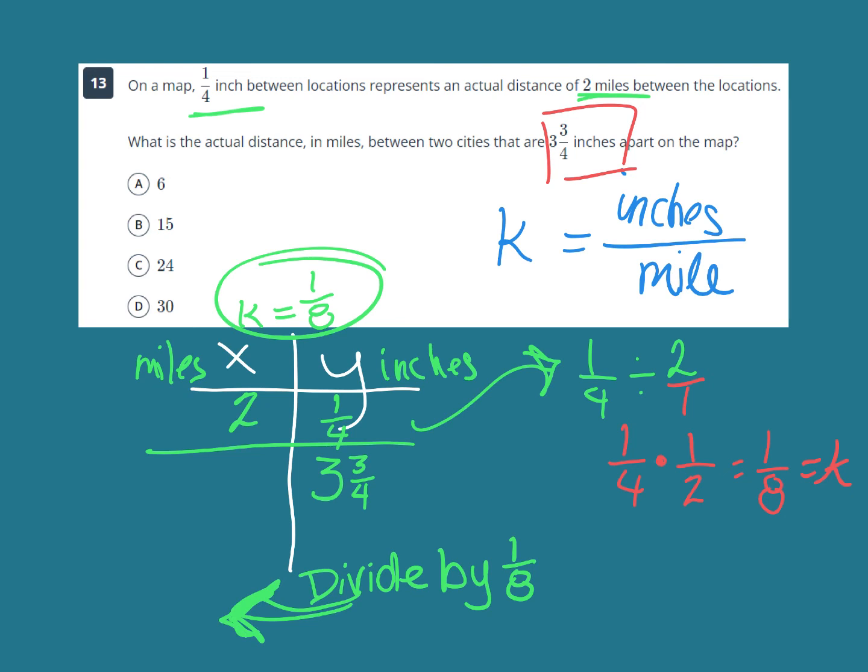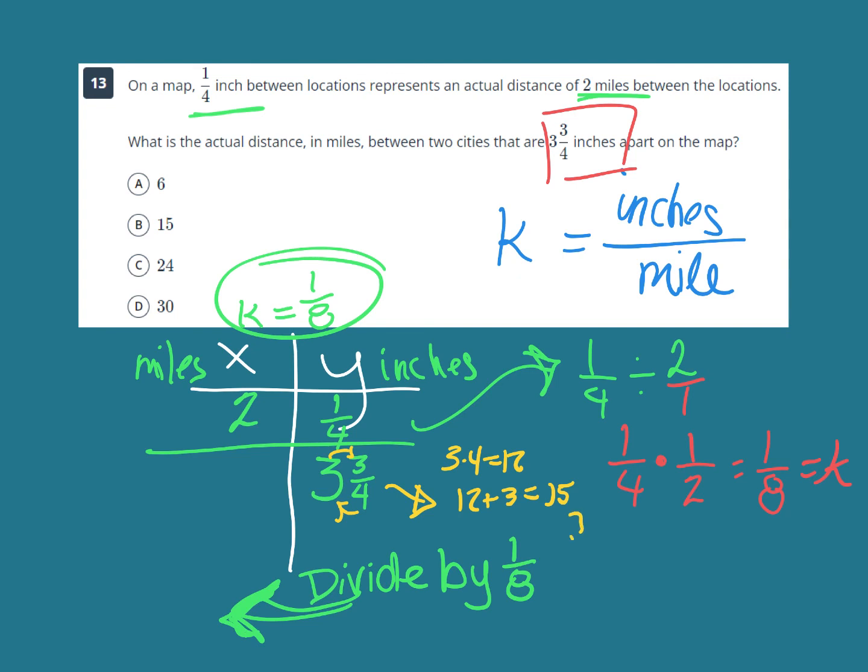Okay, giving myself some room over here. I know I need to change my mixed number to an improper fraction. Let's go right around. 3 times 4 equals 12. And then 12 plus 3 is 15, right?